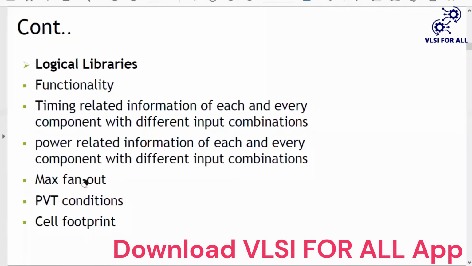In this logical library only, we get PVT conditions, right? OCV, AOCV, POCV: how the conditions work is based on those conditions and on your design's tech node. Process, voltage and temperature values are available in the logical library.